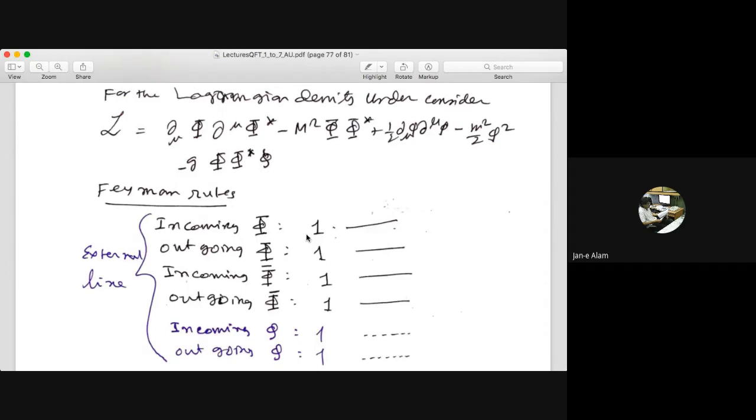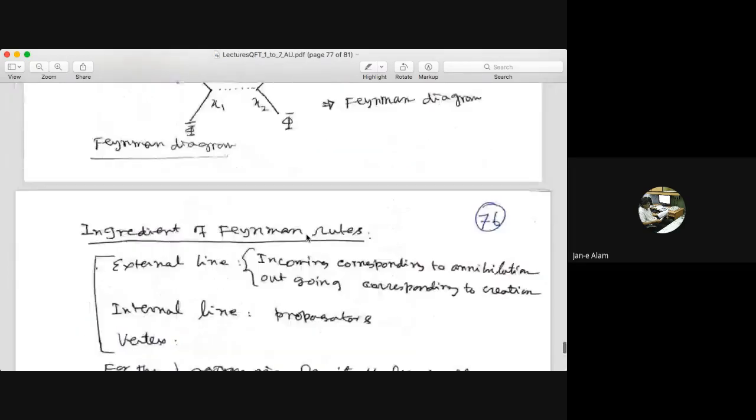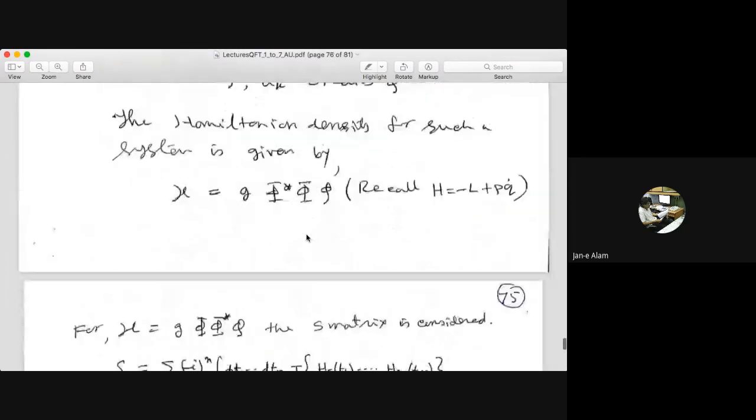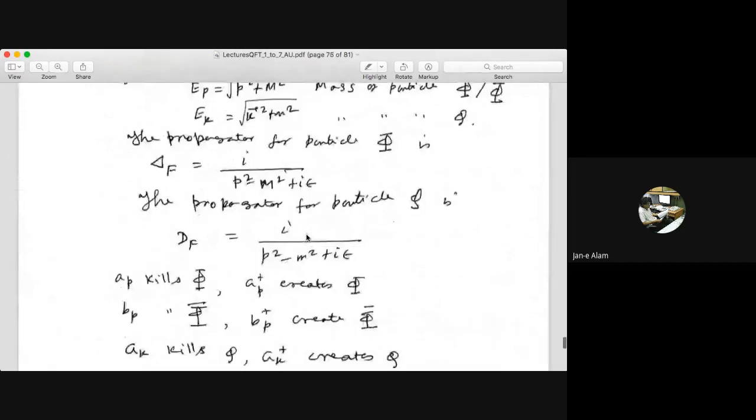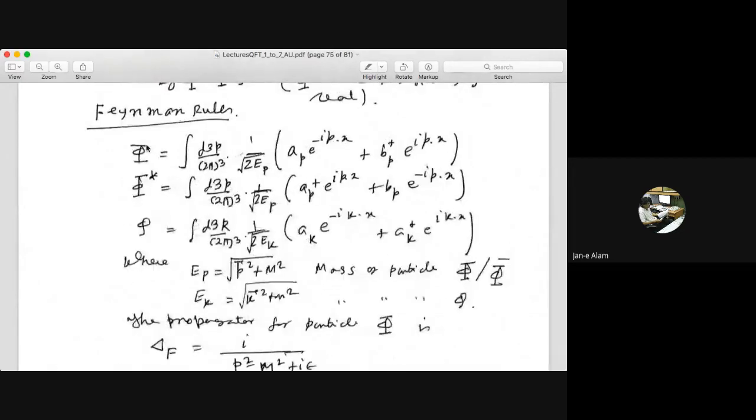I'll explain to you. Because you see, when I have expanded this field in terms of annihilation and creation operators, these operators are responsible for creation or annihilation of particles.